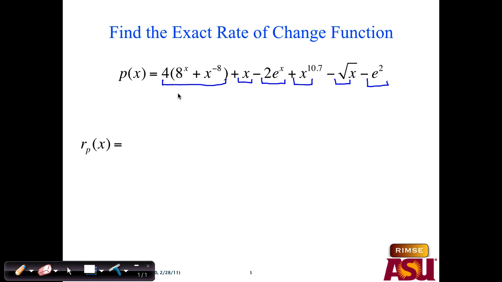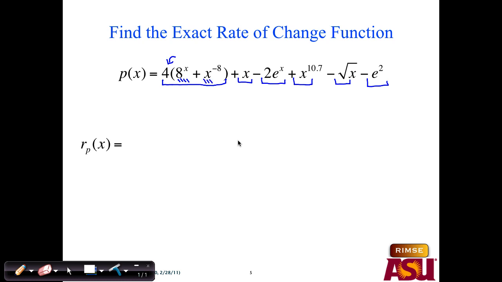We can take derivatives of, find rate of change functions for those fairly simply, just one at a time. Some of these pieces are easier than others. Like this first one looks like a mess. But I've just got a constant multiple of some things in parentheses. And well, what's in those parentheses? 2 more terms.